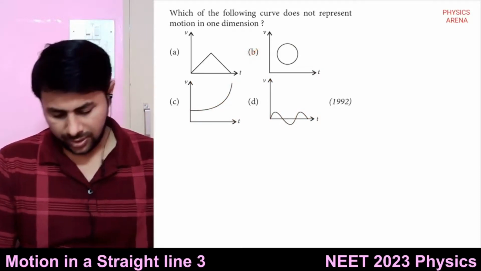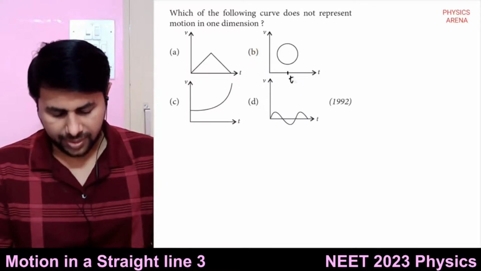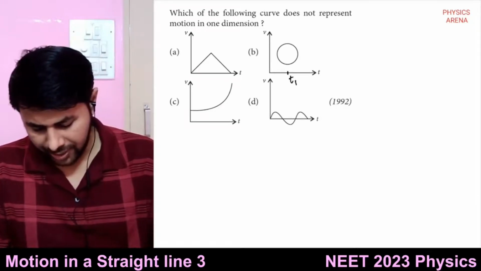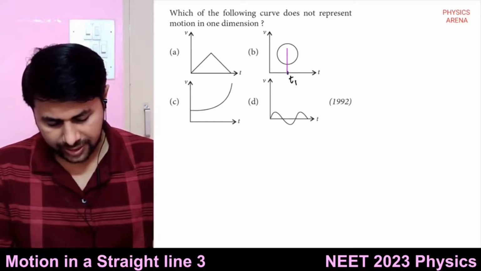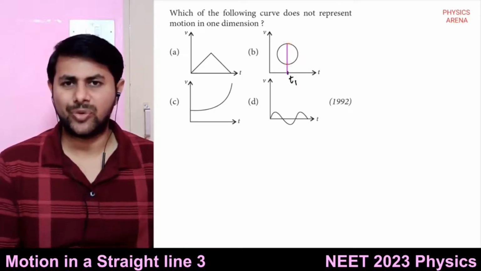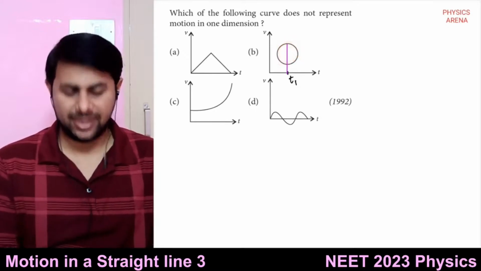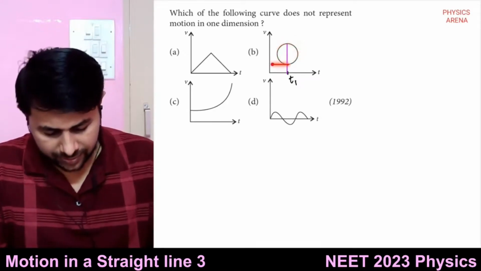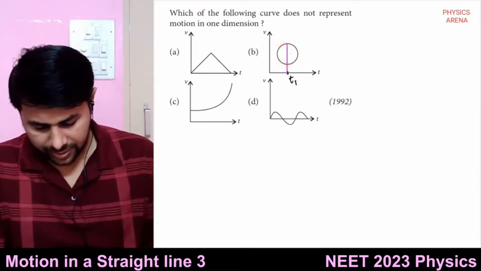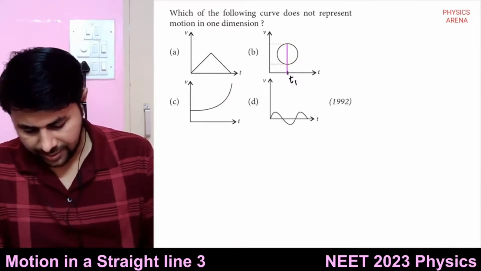How? Take some time, let's say suppose this is T1. You draw a perpendicular on velocity versus time graph. So it meets at these 2 points. So what does that mean? This object whose velocity versus time graph is represented by this curve has 2 velocities, v1 and v2, at this time.